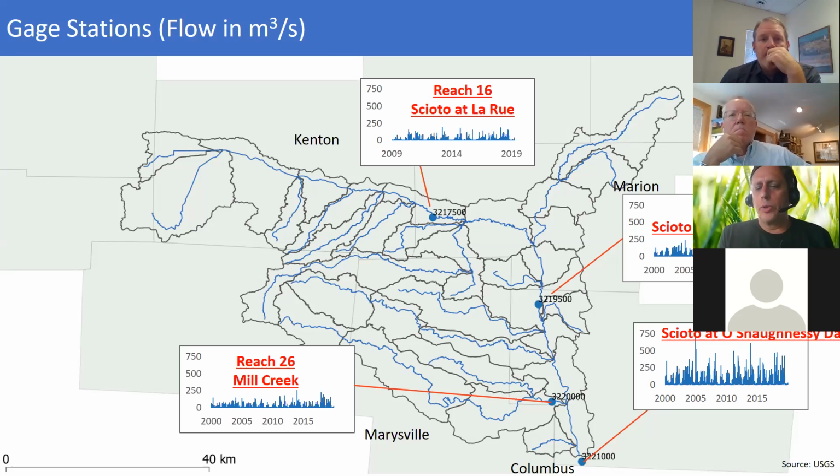Then Reach 32 is the Scioto at the O'Shaughnessy Dam. I hope I pronounced that correctly. Those are our 4 locations where we have long-term USGS gauges to compare to our modeling results.